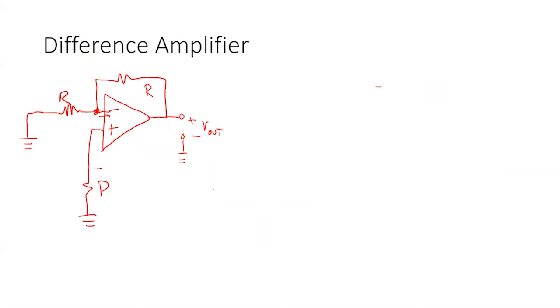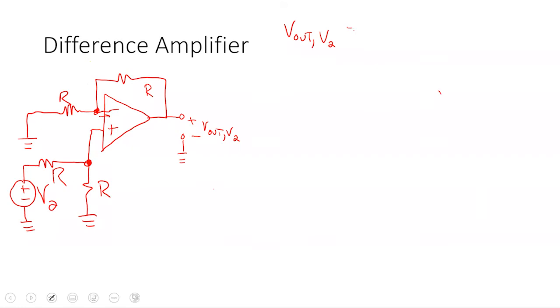Here's R. And then there was a V2 over here. Here's R, like that. So where do I go with this? My job is to find V out from V2, right? So what's the output that's coming from just the V2 source? What is that equal to?